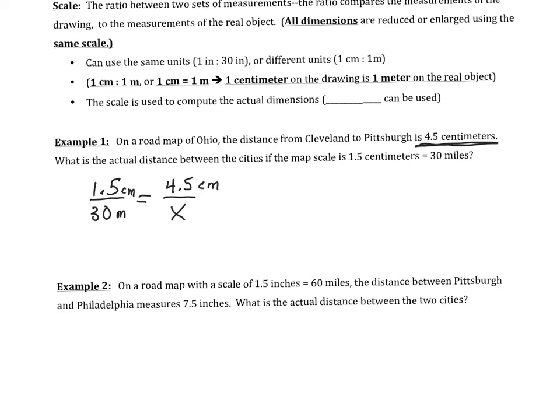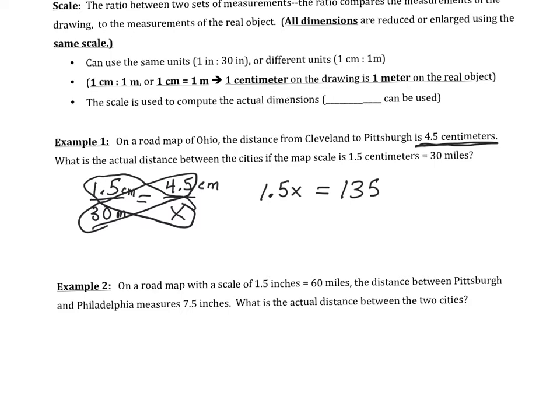Okay, and now, ignoring the units for now, we cross multiply, just like we've been doing. And we take 1.5 times x, we get 1.5x. And then when we take 30 times 4.5, we get 135.